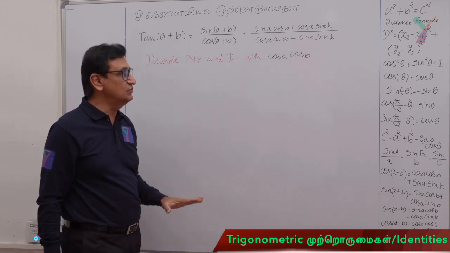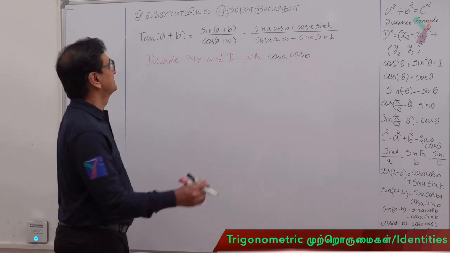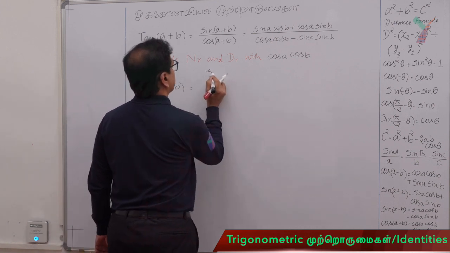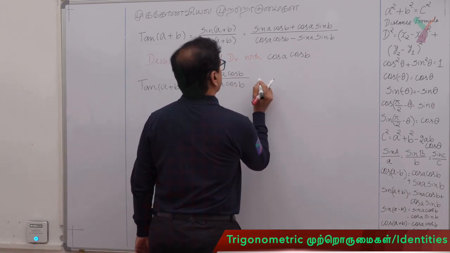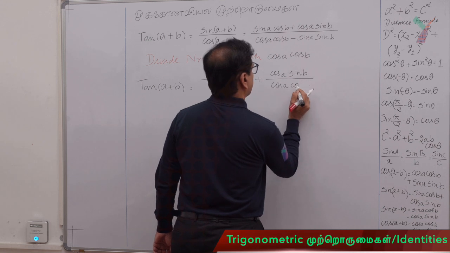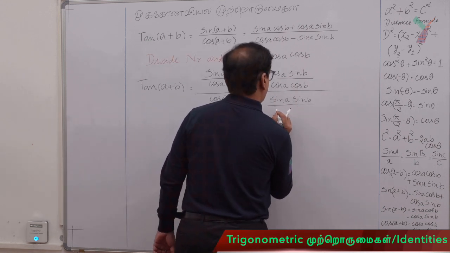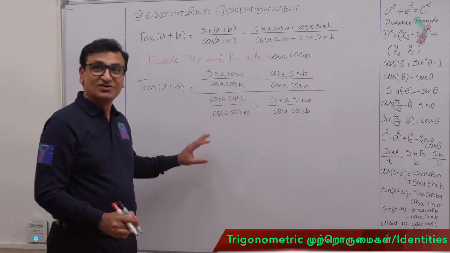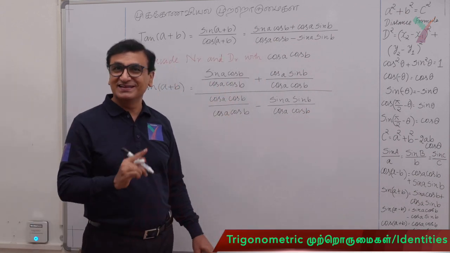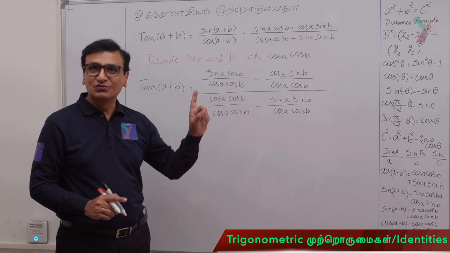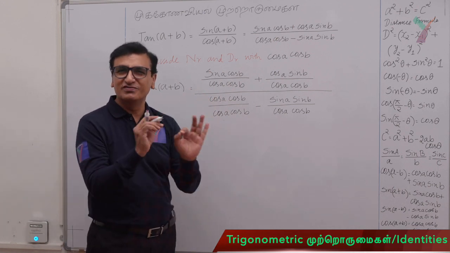So this is what I am going to do. I will write down, then explain. ரொம்ப காம்ப்ளிகேட்டடா இருக்க மாதிரி தெரியல, கவலைப்படாதீங்க. ஒவ்வொரு டேர்மும் ஒரு கேன்சல் ஆகும். Then it will come out to a very beautiful formula.